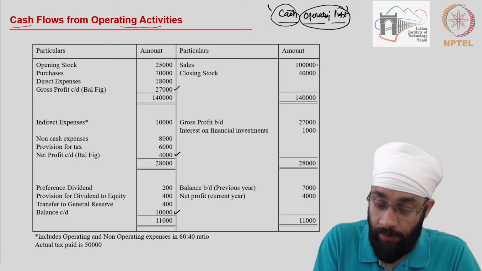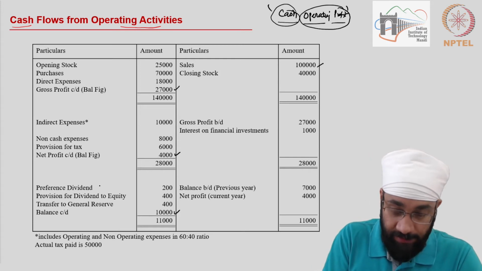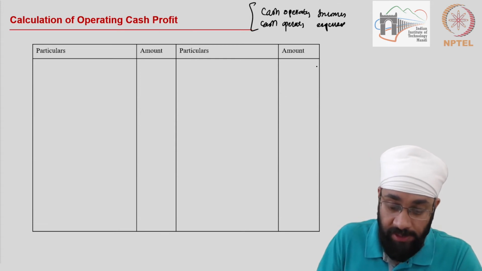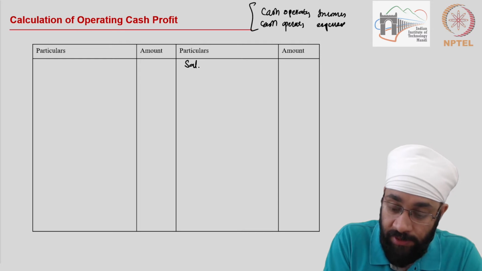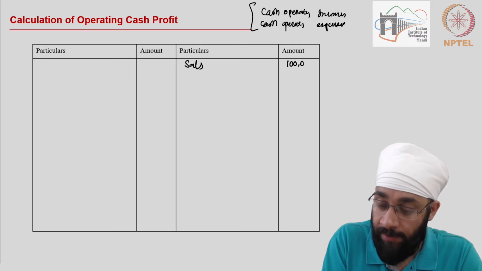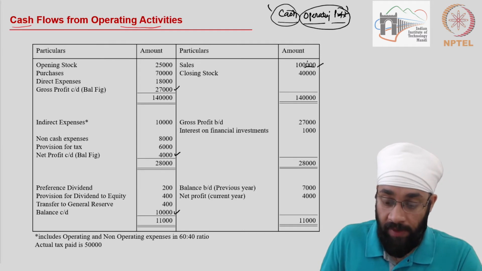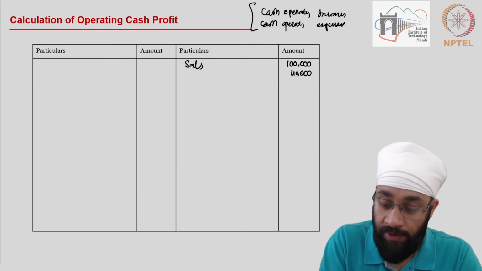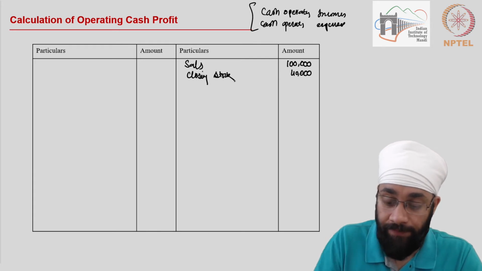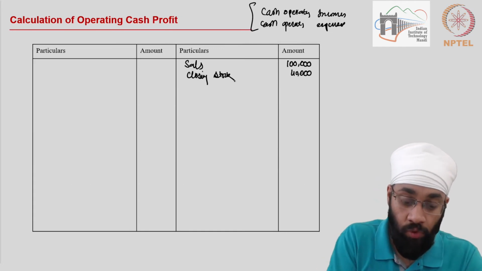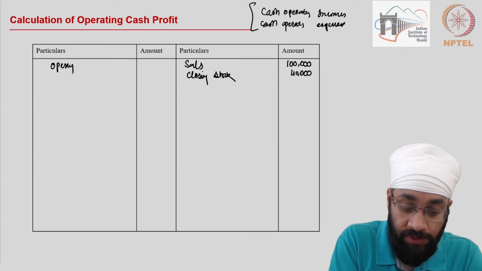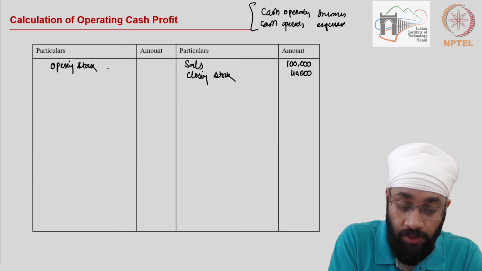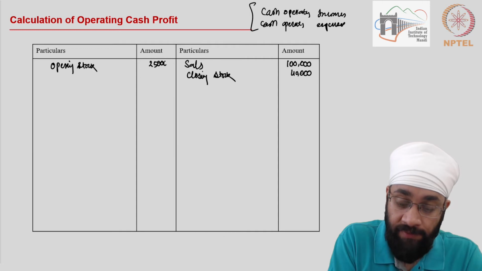Sales 1 lakh, and so we're going to assume that these are cash sales, so 100,000, and then you have closing stock 40,000, so no issues with that. On the other side, you have opening stock of 25,000.